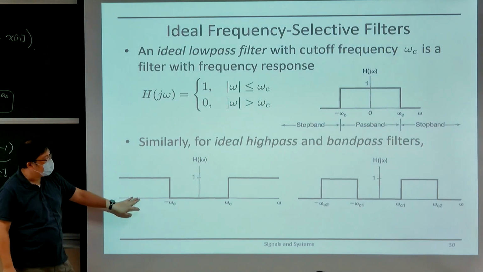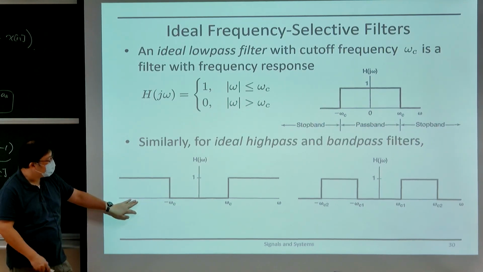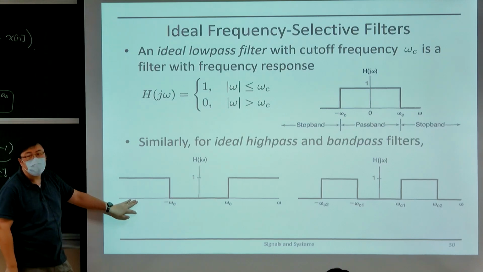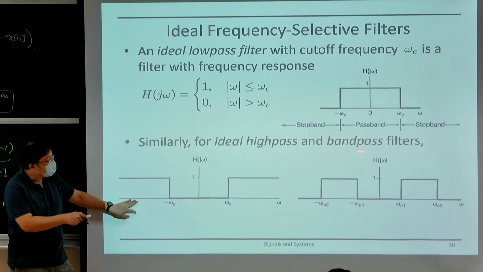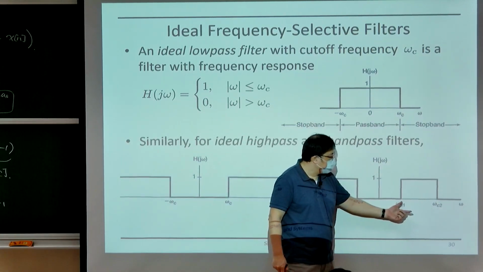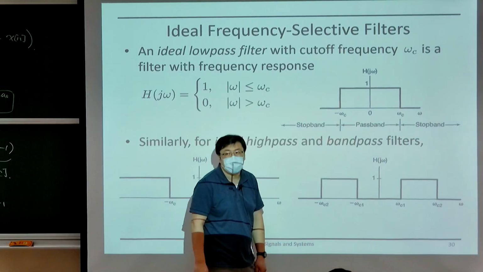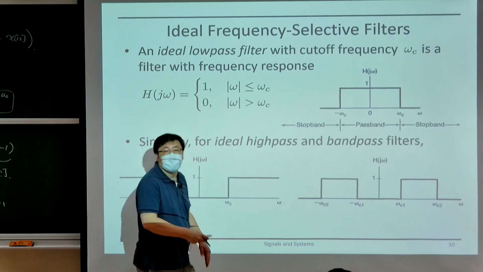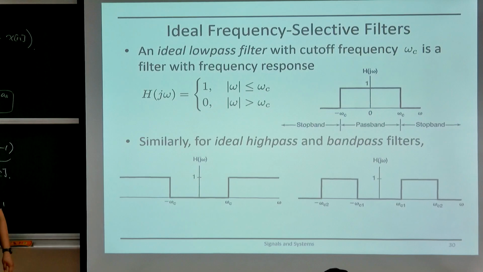Here, we let through frequencies perfectly above omega c and suppress them perfectly below omega c. In the band-pass case, we let through signals perfectly between omega c1 and omega c2, and suppress all signals in other frequency bands.